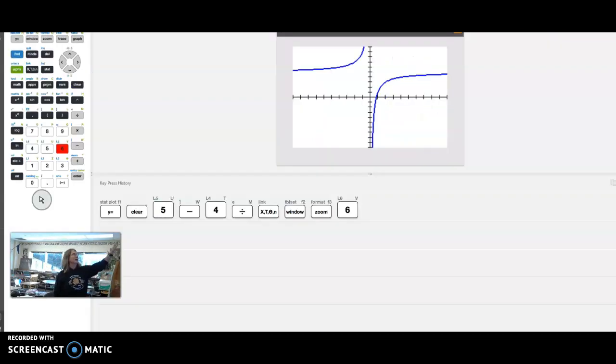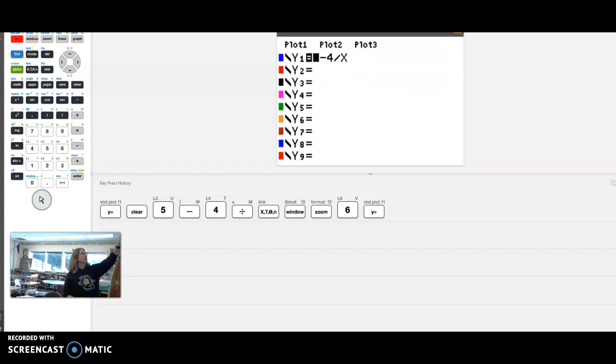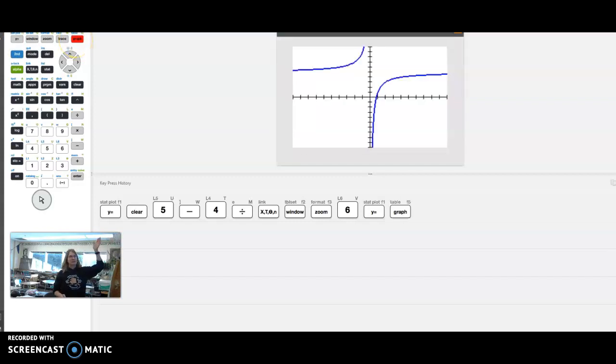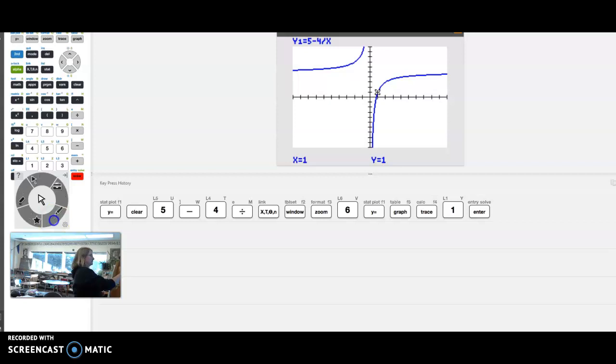Okay, so this is the graph of our f of x, which was 5 minus 4 divided by x. The graph has a vertical asymptote at 0, but we're looking at the interval from 1 to 4, and f of 1 is 1, so right here.